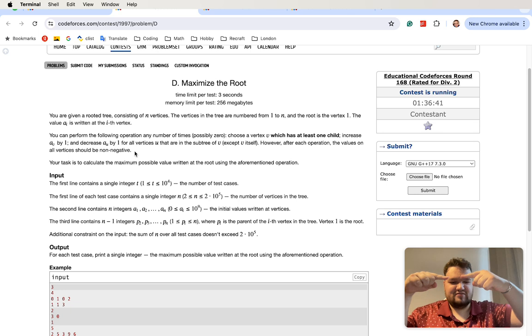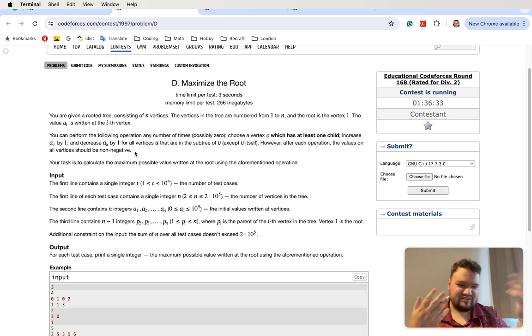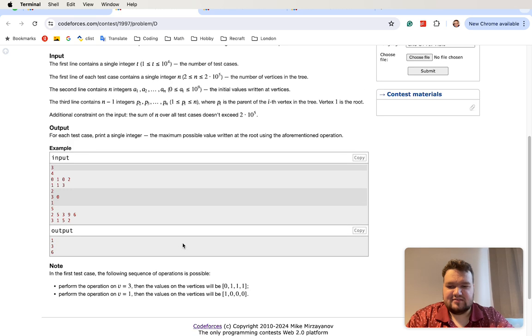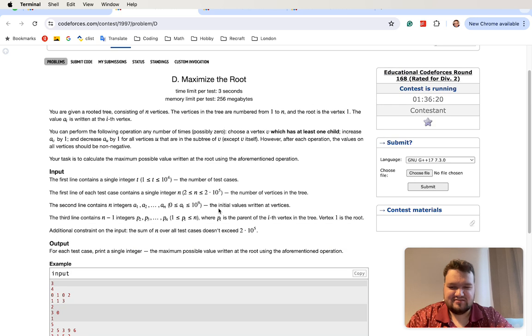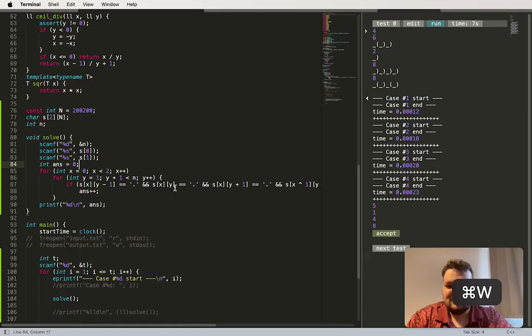So we need to make them as equal as possible, and the answer will be just their sum divided by 2, rounded down because we can only get integers. That's it. And the value we will calculate for the root is the answer to the problem.